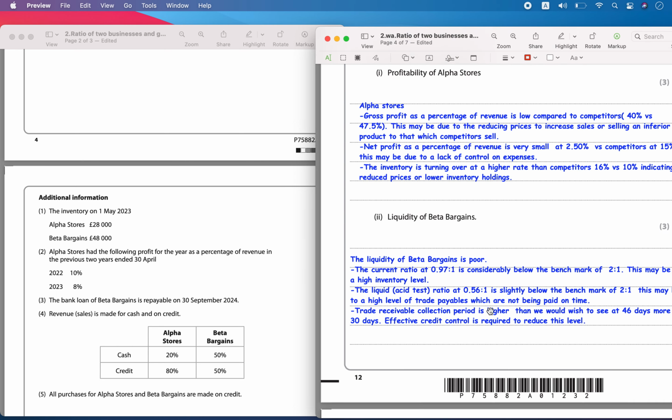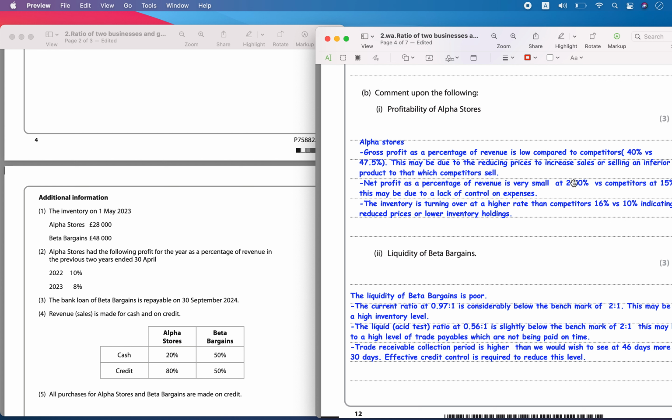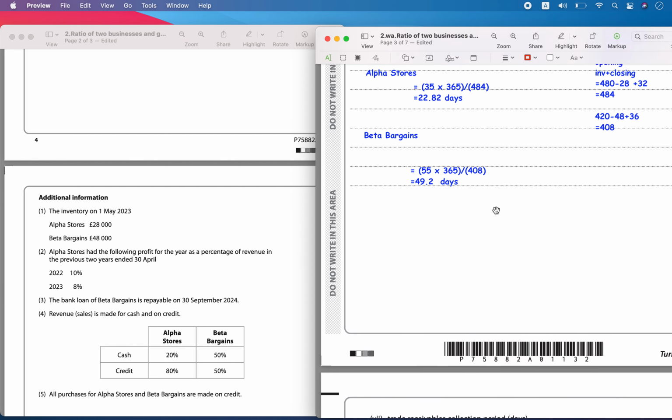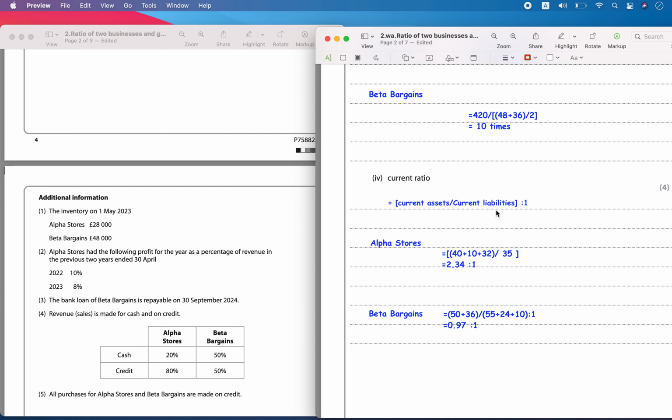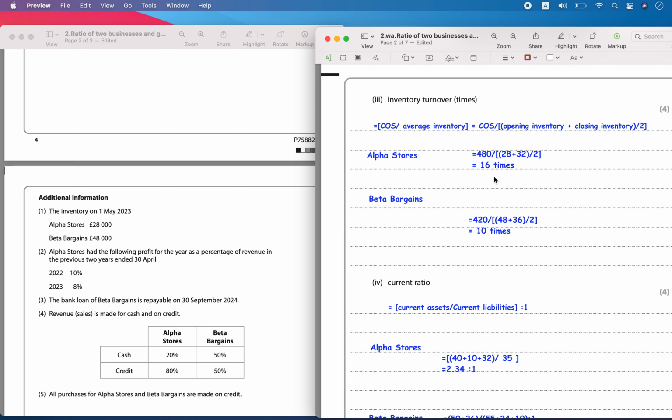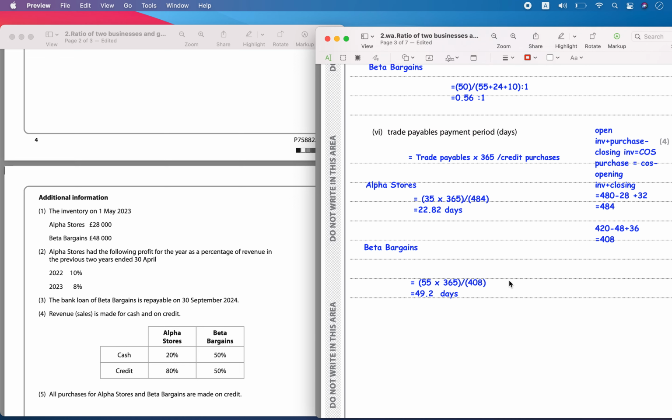More expenses have happened in the business of Alpha stores, and that's why its net profit as a percentage of revenue was very less.